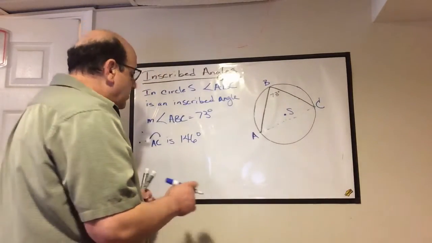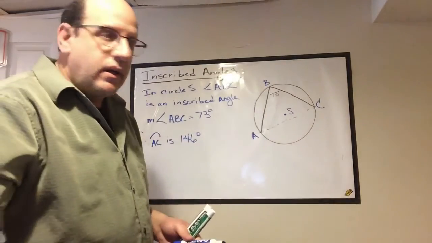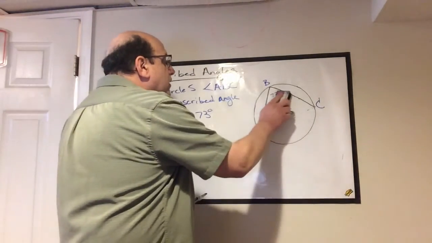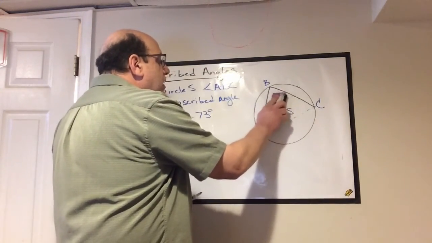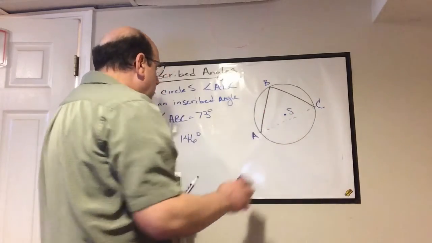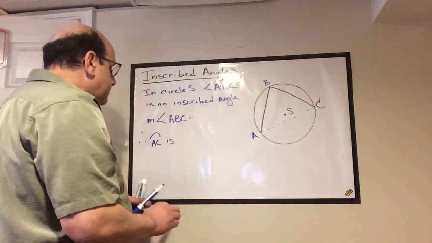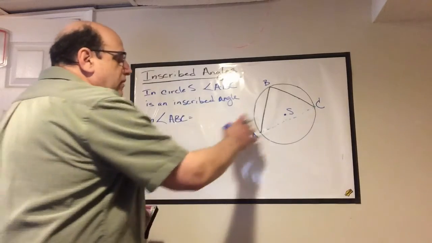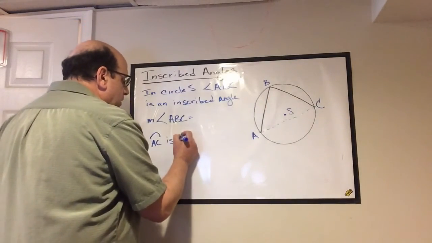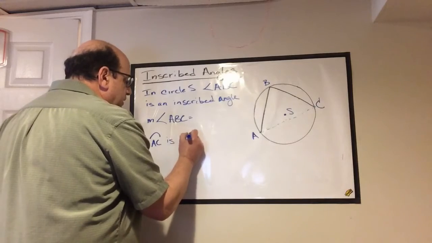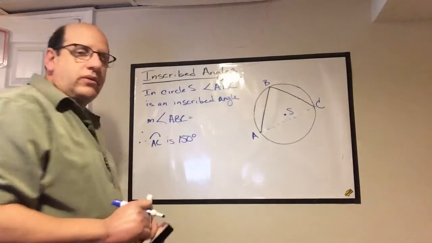Now, what if I said, let's just get rid of this and I'll give another example and I'll use the same terms, right? Well, what if I give you an arc length and I say the arc is 150 degrees?